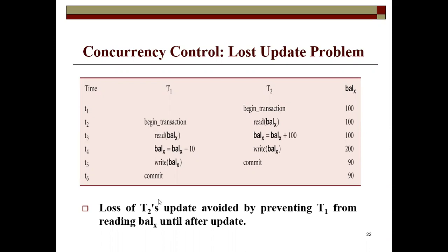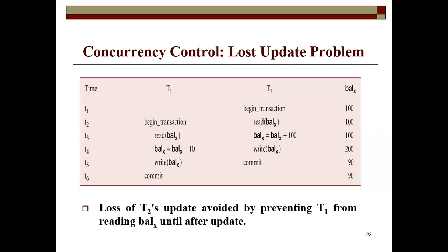At T1, transaction T2 is beginning. At T2, transaction T1 also comes and wants to start. But at that time, T2 is reading the balance, and no update has been made, so it reads the initial balance of 100.